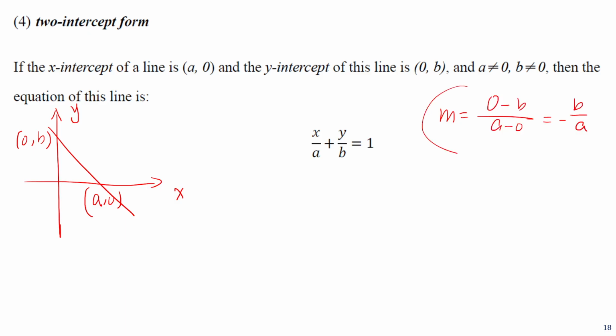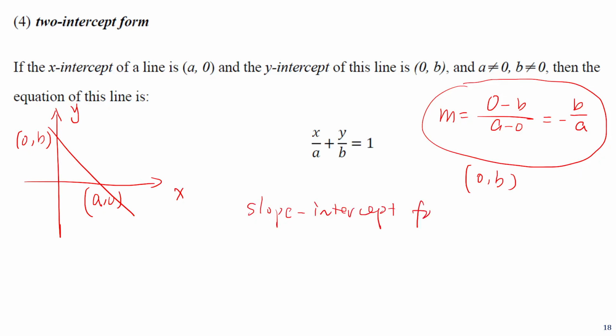And we also know the y-intercept, which is (0, b). So the slope-intercept form of this line is y equals negative b over a times x plus b, right?